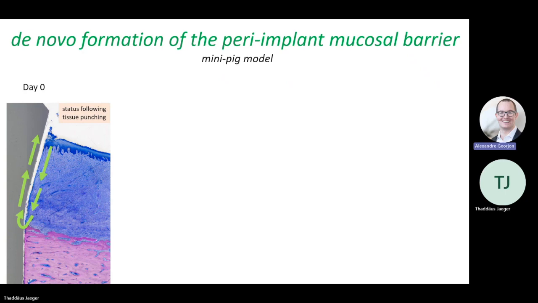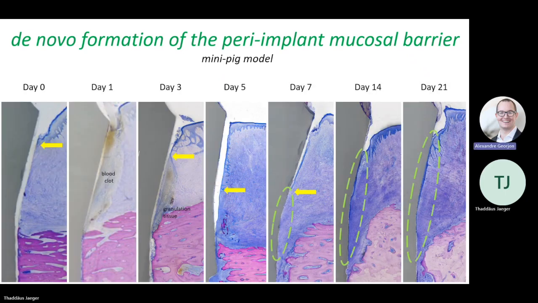That's the histological embedding here. That's the shrinkage. But in reality, we have the oral epithelium on the upper part and then the direct contact. And you see in the sequence over the days that first it's the blood clot, then we have the granulation tissue. At day 5, we see already the junctional epithelium where the yellow arrow is down. And then as an opposite movement, the tissue compartment increases in height and pushes that back.